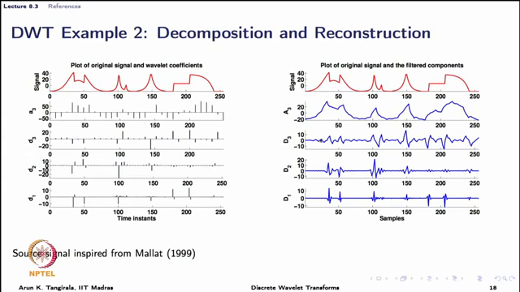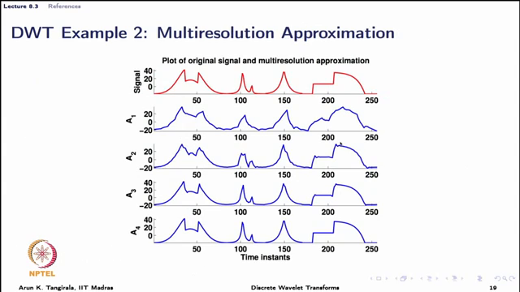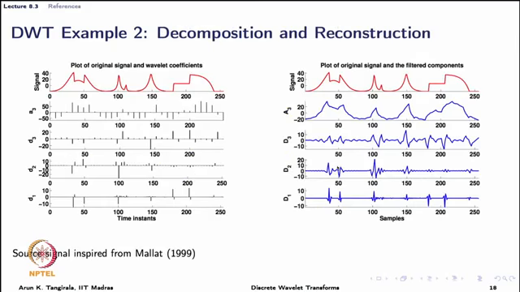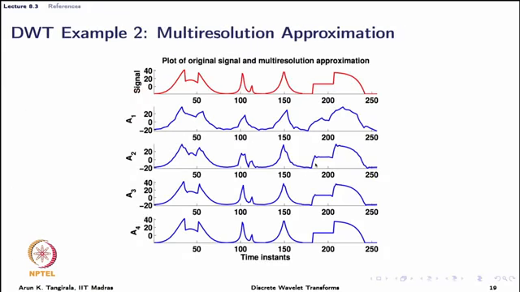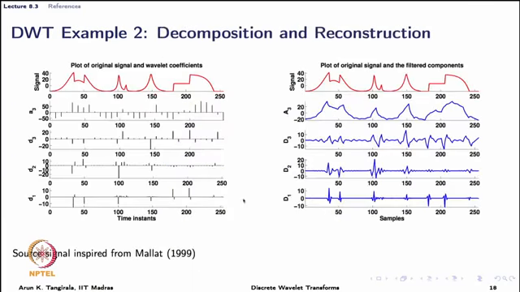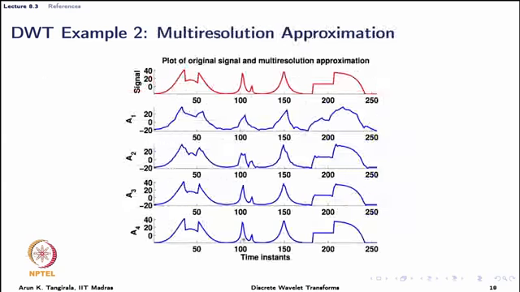When I add D3 to A3, then I would get the next level approximation, right, and then when I add D2 and D3 and A1, I would get the next level approximation which I see here, and when I add all of these, that is A3 plus D3 plus D2 plus D1, then I would get the signal itself.